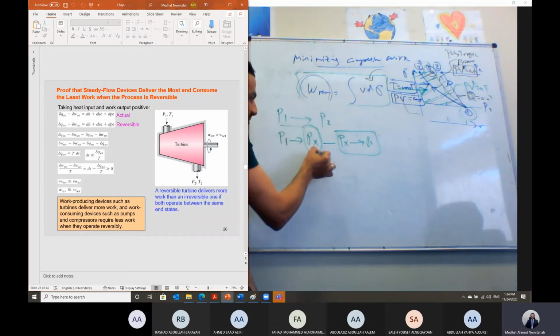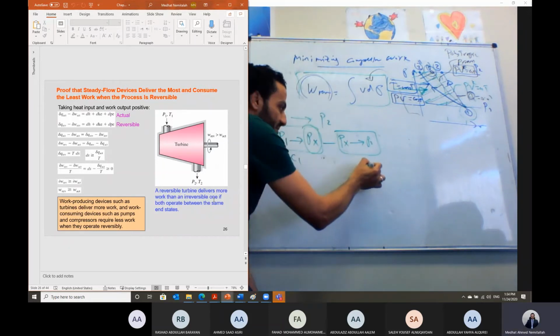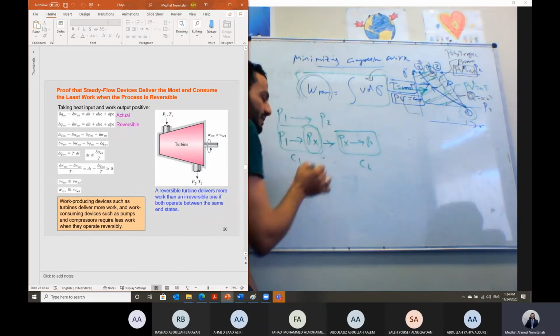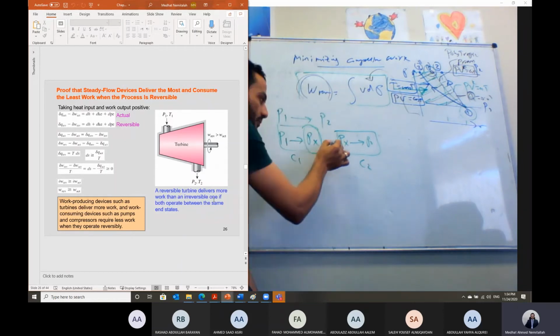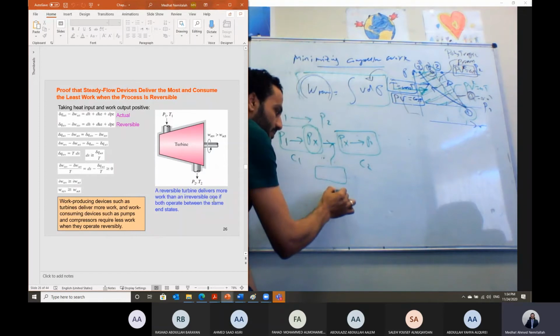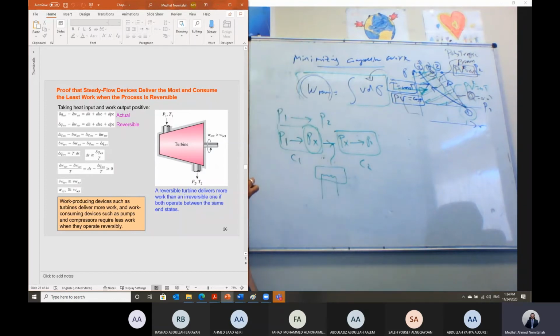This is compressor 1, and this is compressor 2. In between, the gas leaving here, we can take it out and do intercooling with some cooling water. Then this gas will be cooled to the initial temperature.